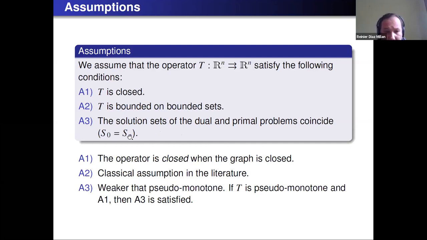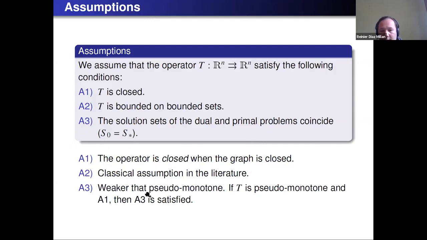And the first assumption is a kind of monotonicity, but it's not monotonicity. We don't ask for pseudo-monotone, we don't ask for monotone. We only need that the solution sets of the primal and dual problems coincide, or that the two problems be equivalent, okay? Solve one of them, and you are solving both. That is what we are asking for. Of course, if the operator is pseudo-monotone and it satisfies A1, then A3 will be satisfied automatically.